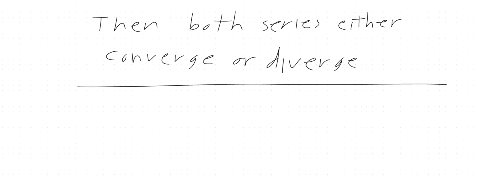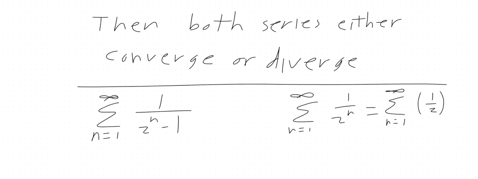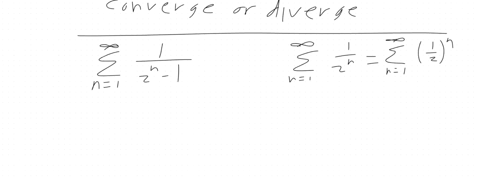All right, so let's go back to our example we just looked at. 1/2 to the n minus 1. And we're going to compare it to 1/2 to the n. Now, if we rewrite this, it doesn't matter if the 1 on top has a power or not. So this is essentially 1/2 to the n power. Therefore, this is a geometric series.